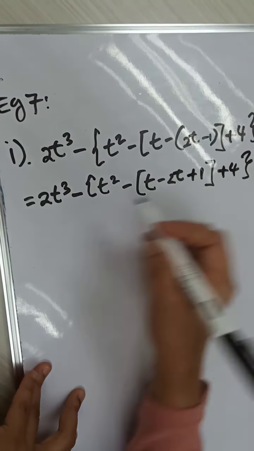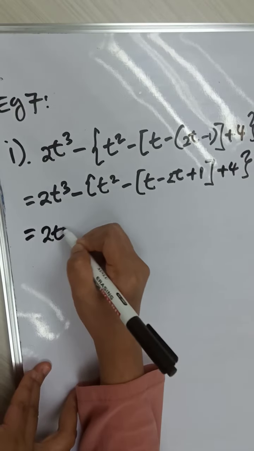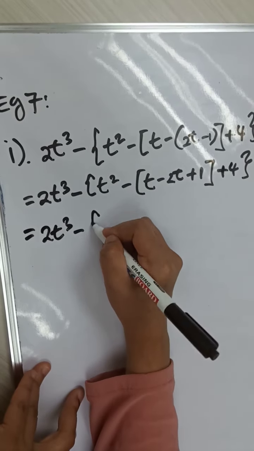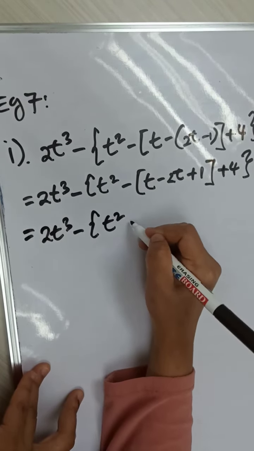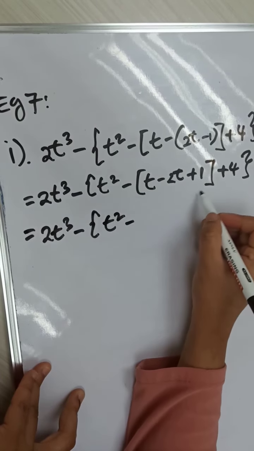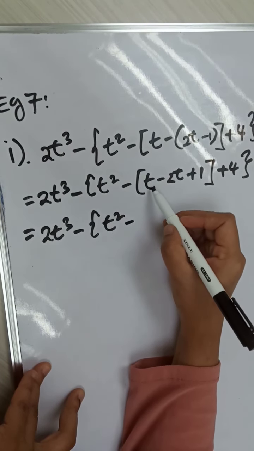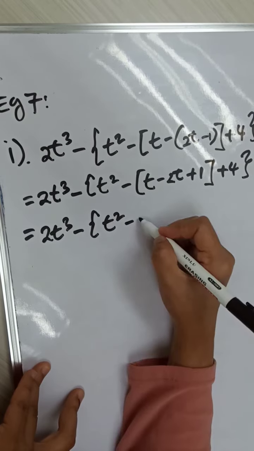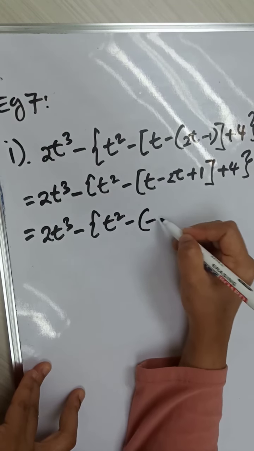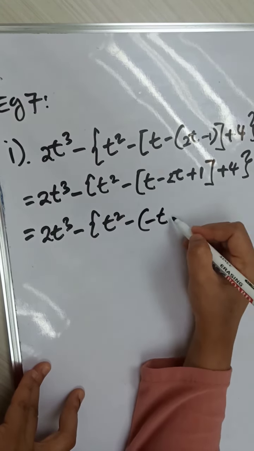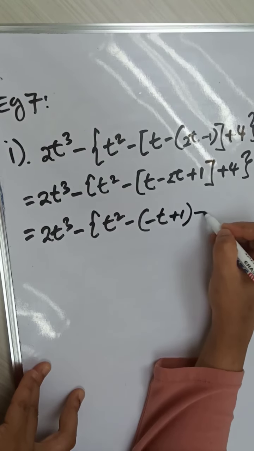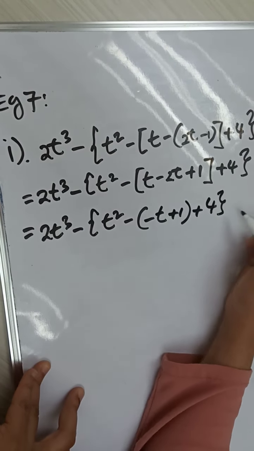And then for the next step, 2 {3 cube minus 3t square. You can solve all items inside the square bracket. So t minus 2t, we get negative t plus 1. Don't forget plus 4.